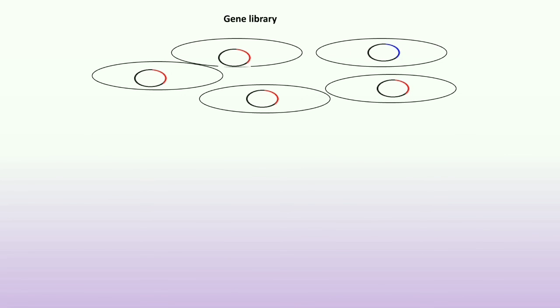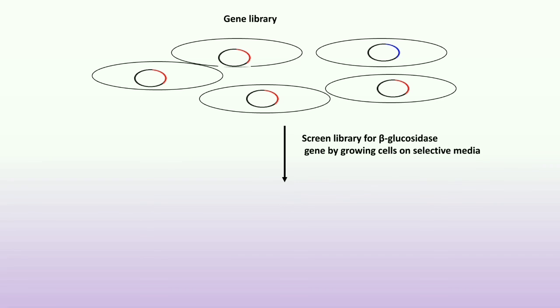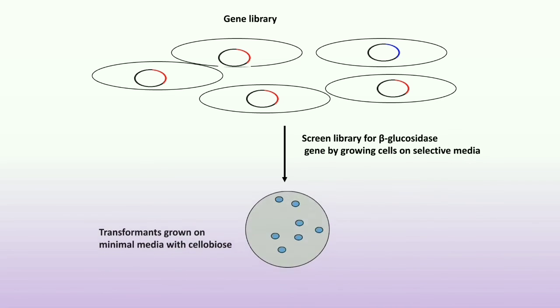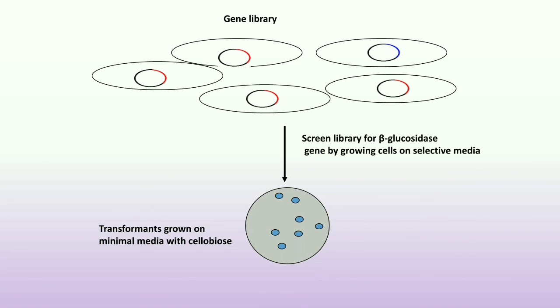The gene library is then screened for the beta glucosidase gene by growing it on a selective medium which will contain cellobiose as the sole source of carbon. So on plates, transformants are obtained which will probably have the gene for beta glucosidase.